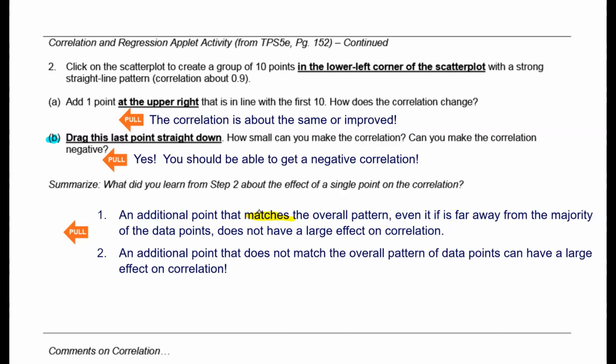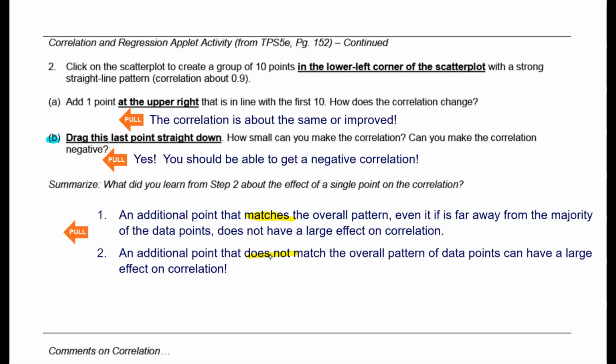In fact, it can't even improve it. Second, an additional point that does not match the overall pattern of the data points can have a large effect on correlation. I don't want to say too much more about that right now, but when we get into section 3.2, we'll look in more detail at the 3 different types of relationships we could have with a point that doesn't match the overall pattern of our data.